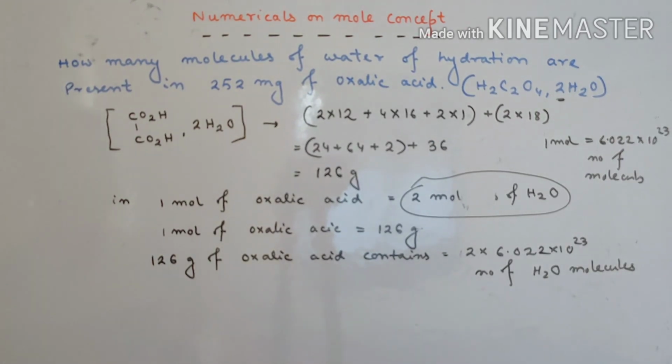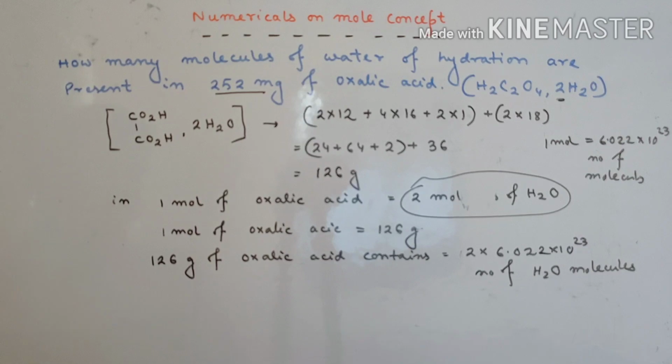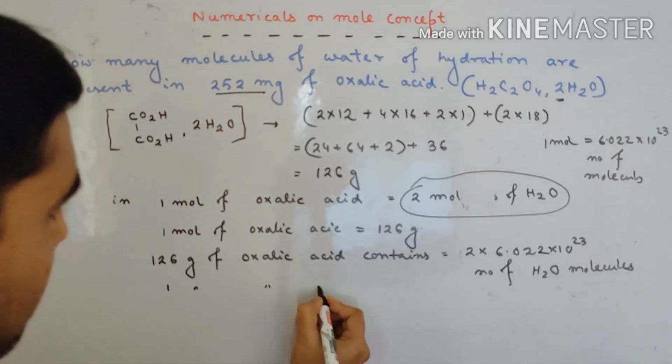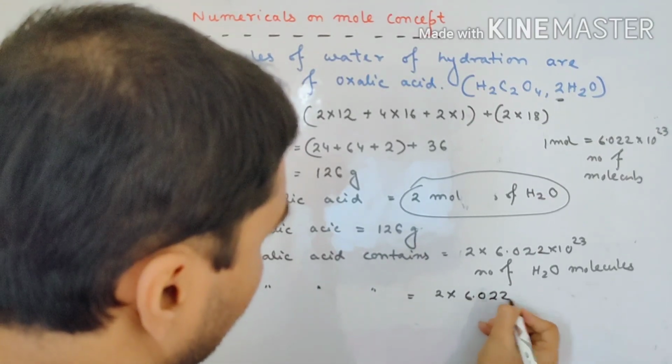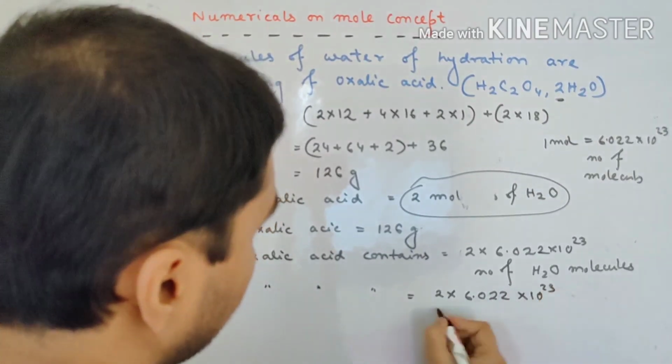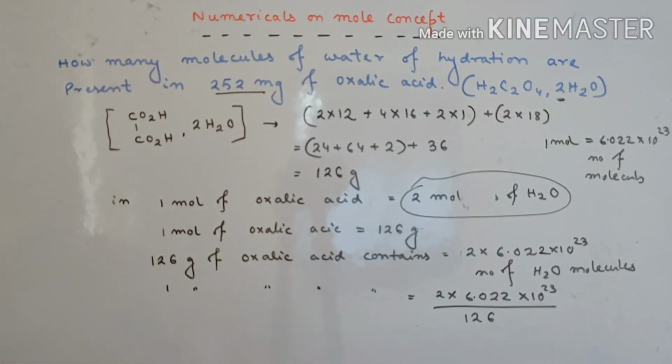Now, as per the given question, it is about 252 milligram. So for 1 gram, it should be 2 into 6.022 into 10 to the power 23 divided by 126.